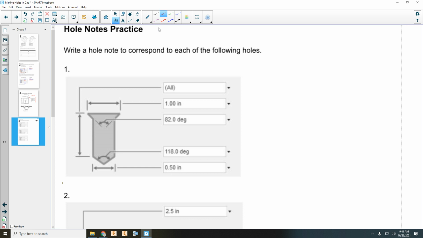What do you put for the depth? Oh, yes, that would be right. You spelled it differently, but that's okay. And that one's drilling all the way. So what would the depth be?